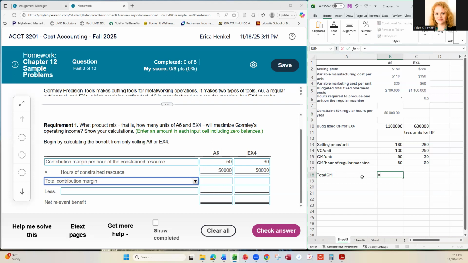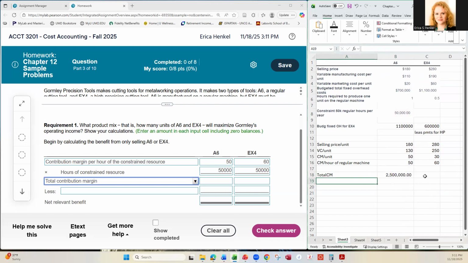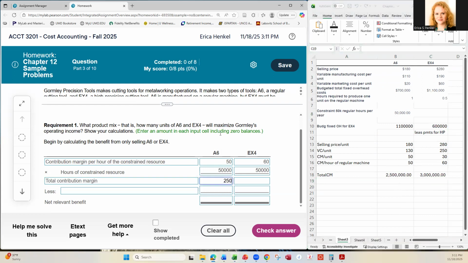So $50 per hour in cell B16 times the units in B8 gets us to 2.5 million. Do the same thing here. There we go. So 3 million there for total contribution margin.